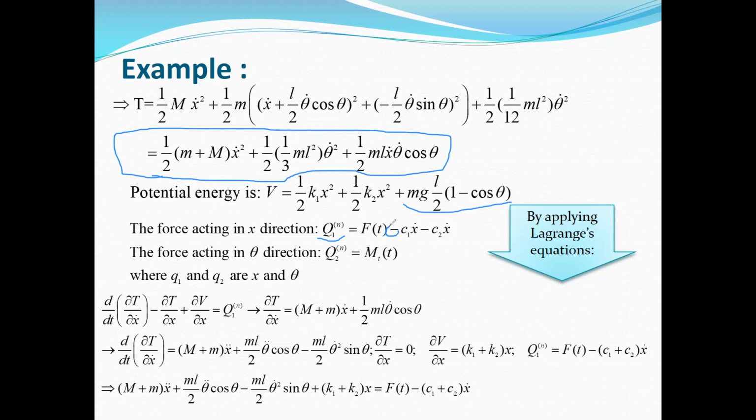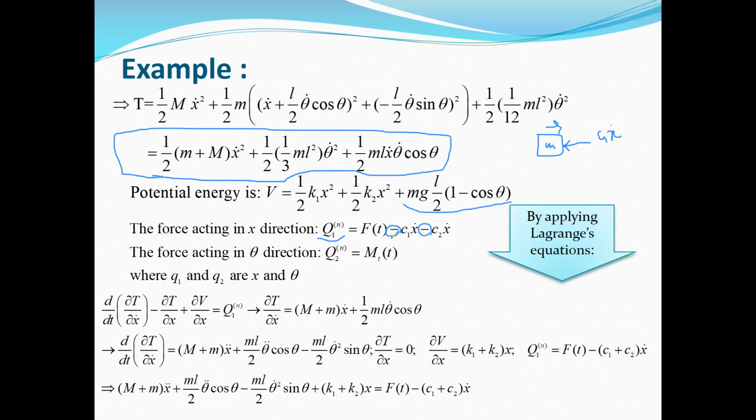We have a negative sign for the C1 and C2 because you know that the direction of the force of a damper is always opposite of the direction of motion. I mean, when your mass is going to the right, the direction of the force of the damper, which is C1 x dot, is always in the opposite direction of the motion.